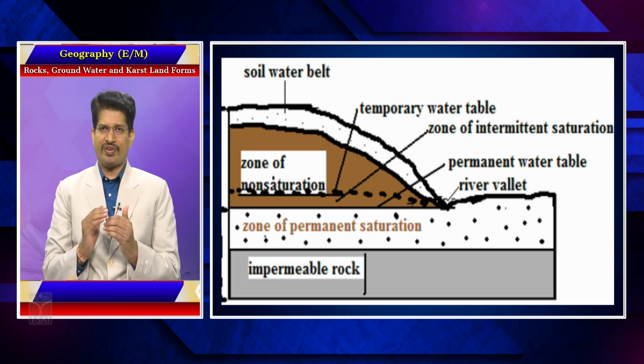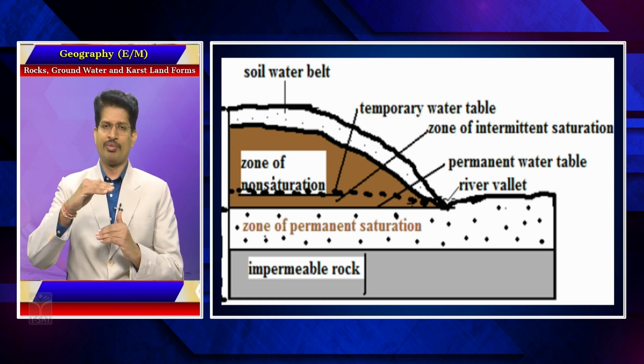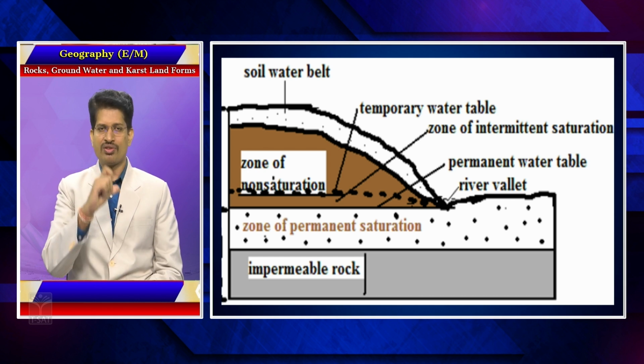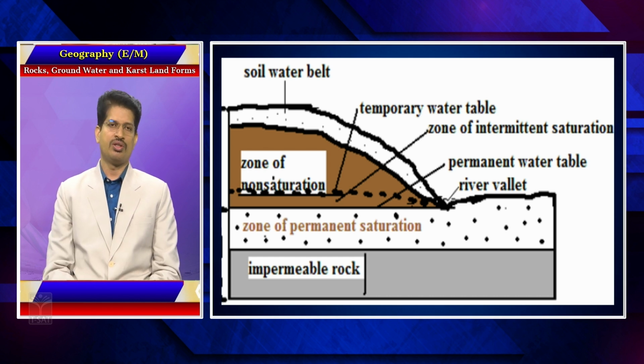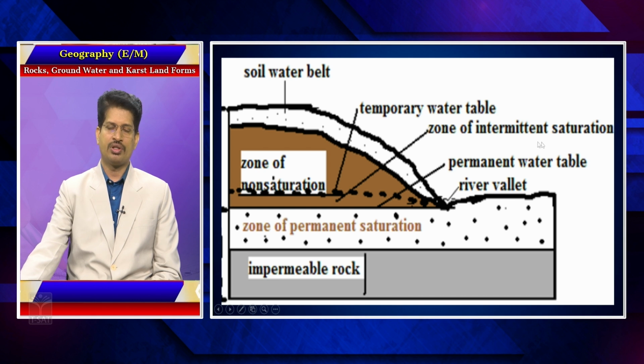The difference between the permanent water table and the maximum level to which water can rise during the rainy season is described as the intermittent zone, or zone of intermittent saturation. It is the difference between the temporary water table level and the permanent water table level.